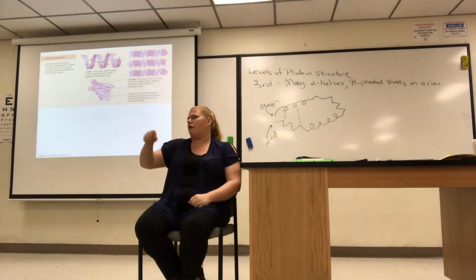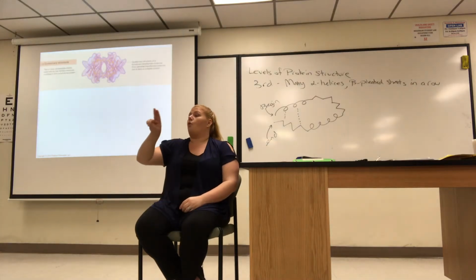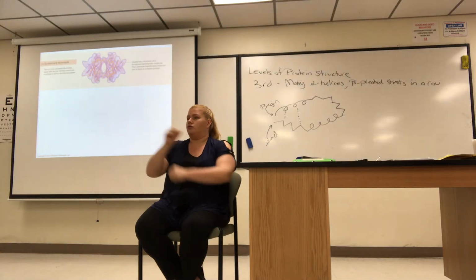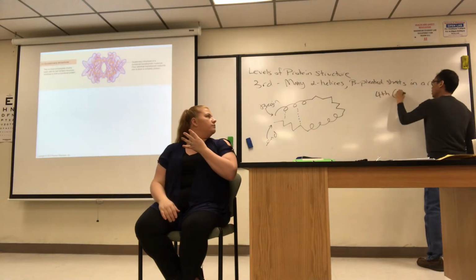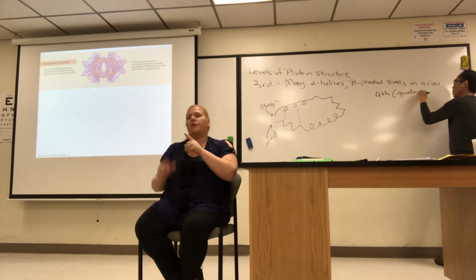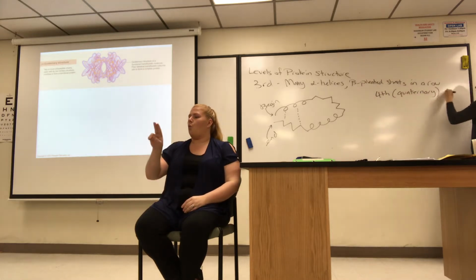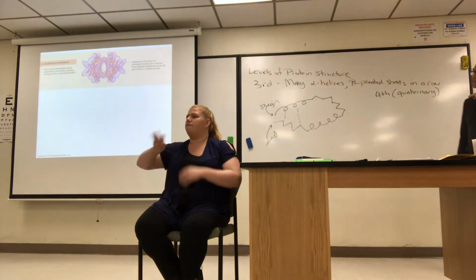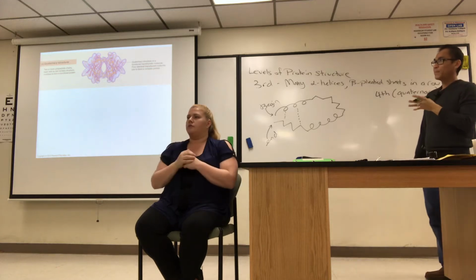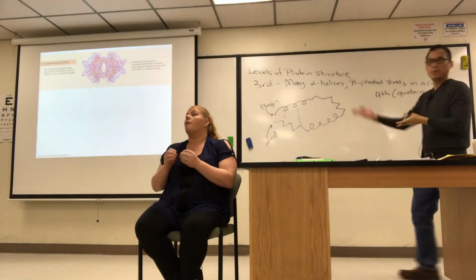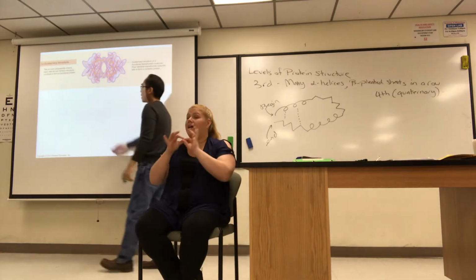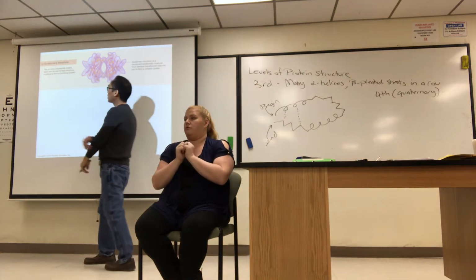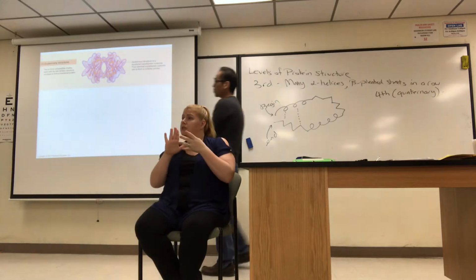So the quaternary structure, I'll put fourth level of organization, also known as quaternary. This level of structure is more than one polypeptide chain linked together. Let me read from the slide: two or more polypeptide chains, each with its own tertiary structure, combine to form a functional protein.